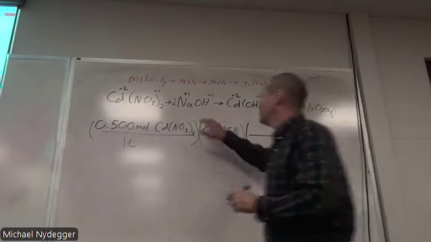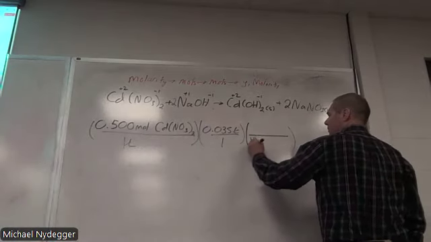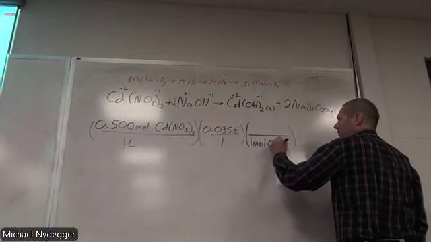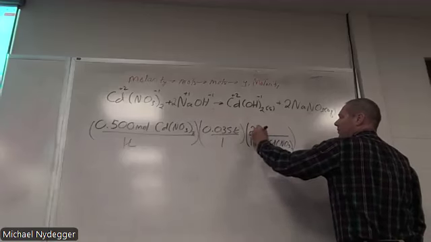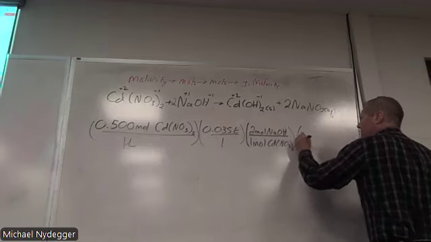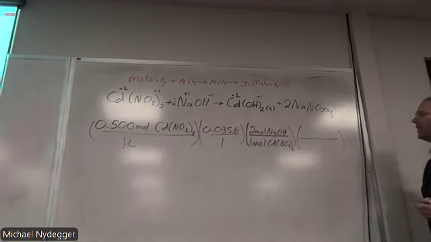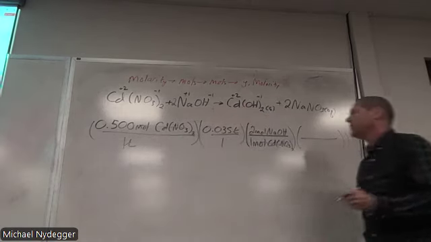What we want to go to is moles of sodium hydroxide. We know for every 1 mole of cadmium nitrate, we have 2 moles of sodium hydroxide. The moles of cadmium nitrate cancel out.